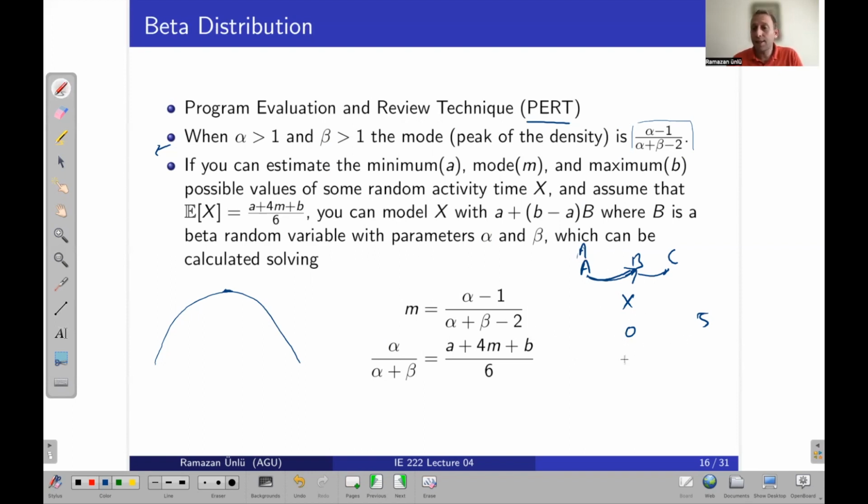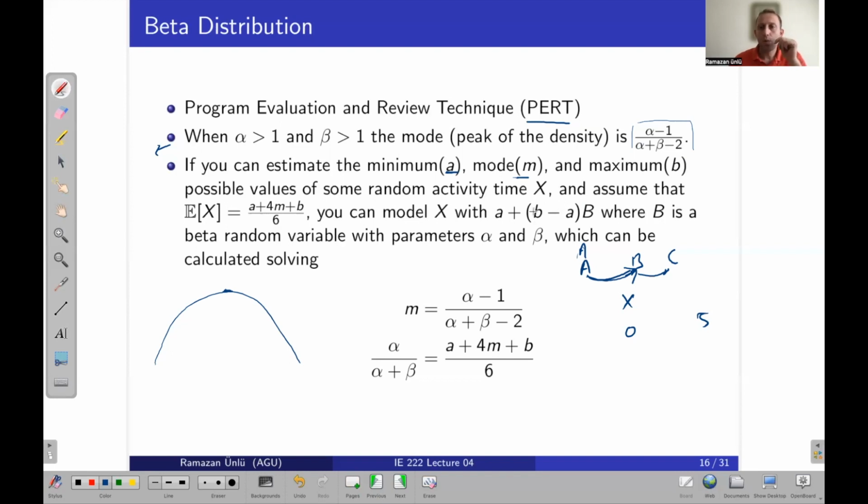So if we can estimate the minimum, which is A, the mode, and the maximum possible values of some random activity time, and assume that the expected value of X is equal to (A plus 4 times M plus B) divided by 6. So this is not always true. We just assume that. That's not always true.